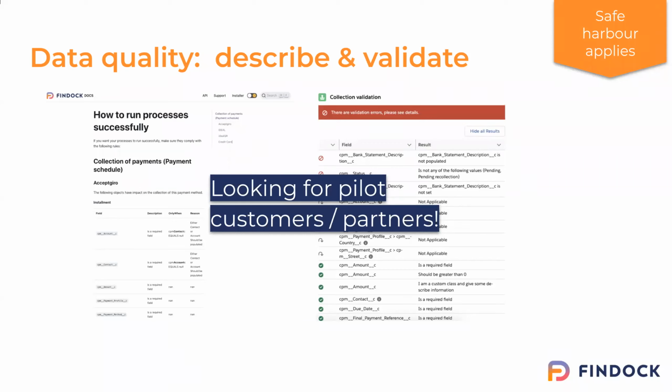And on the right-hand side, a component or maybe even later a step in the payment schedule, that validates that data and says, hey, this is not going to work because for this specific installment, I need the bank statement description, or the mandate reference is too long, or the amount is required and it's empty. Feedback like that.